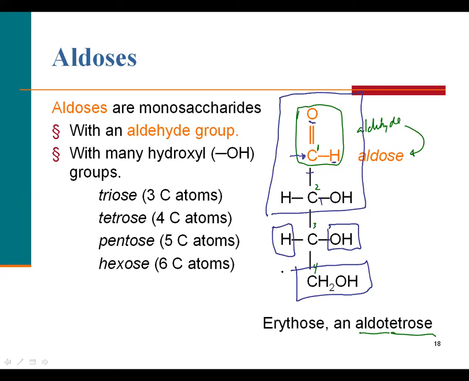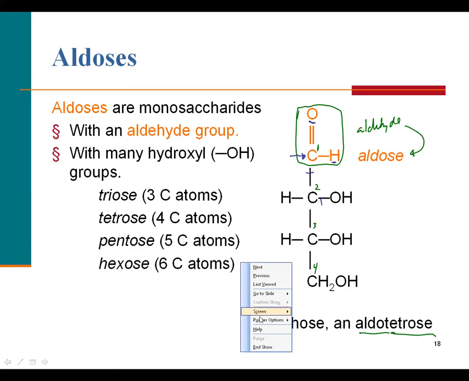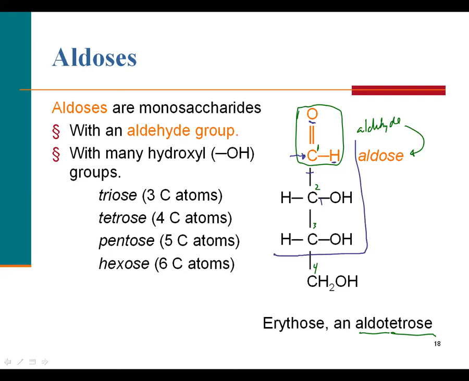And what about carbon number 4? If we look at carbon number 4, and again, we'll clean it up a little bit here, it has this entire thing. It has an OH group attached to it.